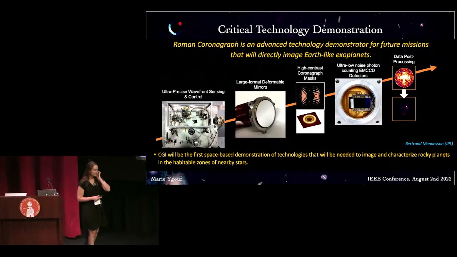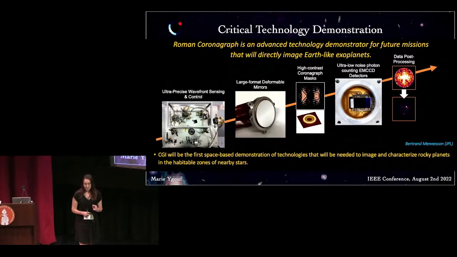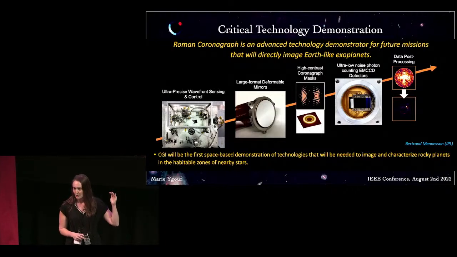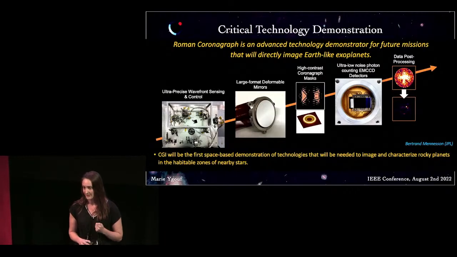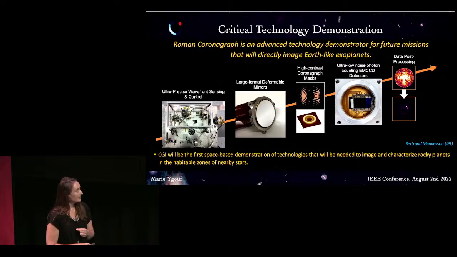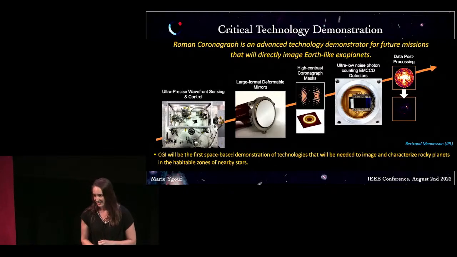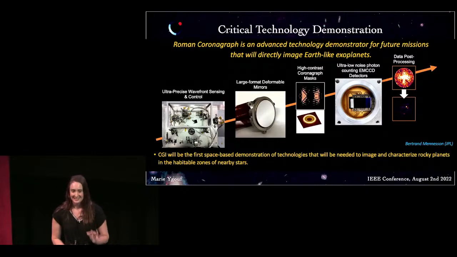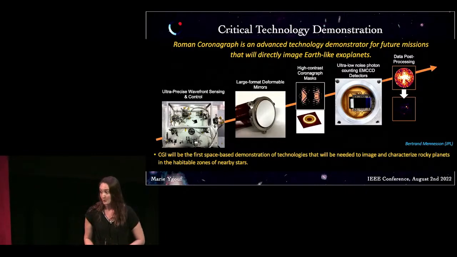That very high-level contrast of 10 to the minus 9 is several orders better than the state-of-the-art coronagraphic instrument, as you saw. And it's all the more challenging because the Roman telescope has not been designed for coronagraphy.